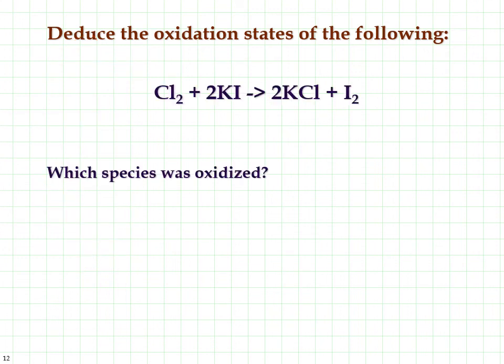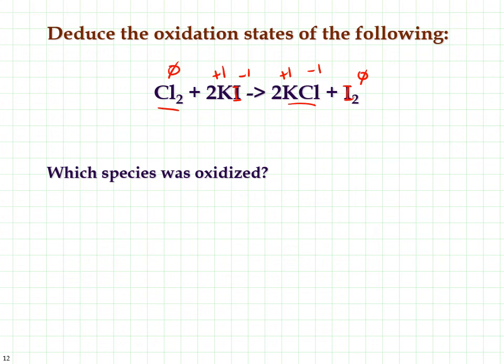Good. All right. So let's go ahead and do another equation. Chlorine gas by itself is going to have an oxidation state of 0. Iodine, when it's not with another halogen or oxygen, it's going to be -1. Potassium will be a +1. Potassium chloride, the chloride is now -1. Potassium is a +1. Iodine by itself is a 0.